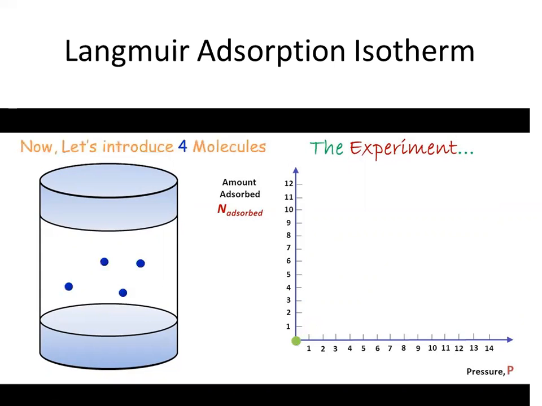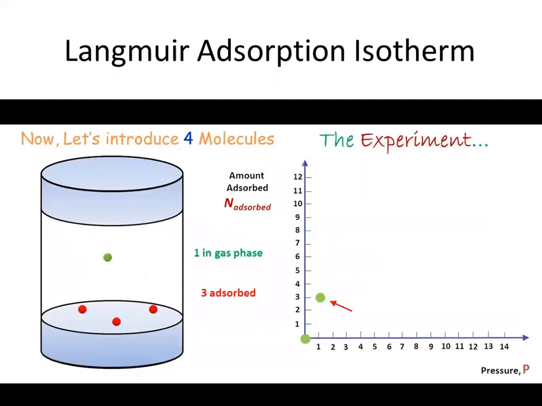Second, let's suppose you have introduced 4 molecules of the adsorbate. Right? Now, what would be the next step? The equilibrium will establish with the 4 molecules. With the 4 molecules, some molecules are going to adsorb and some molecules will remain in the gaseous phase.